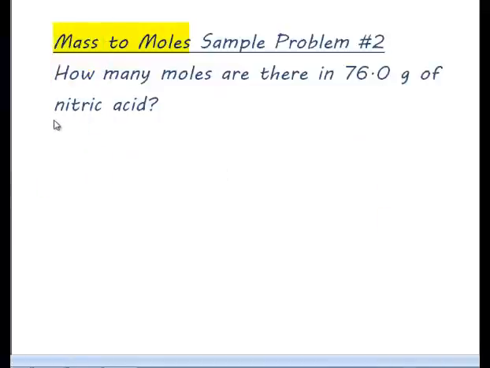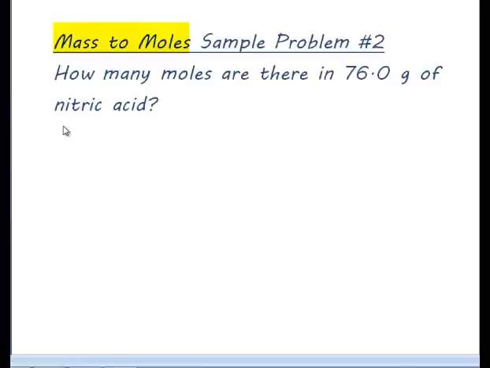Let's take a look at our second sample problem. How many moles are there in 76.0 grams of nitric acid? Once again, we're being asked to convert a mass in grams, in this case 76.0 grams, to moles. What makes this problem slightly different, however, is unlike the previous sample problem where you were working with a chemical element, which was copper, in this problem you're going to be working with a chemical compound, nitric acid.